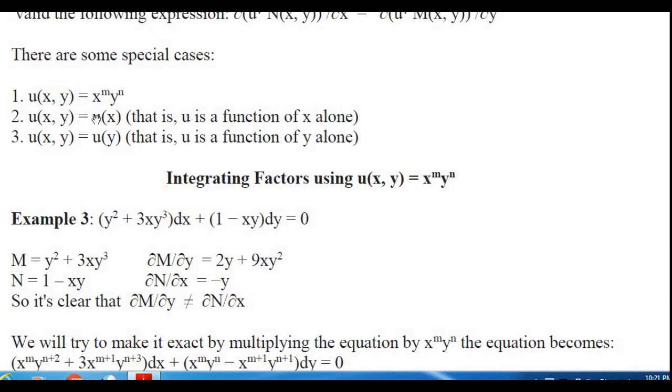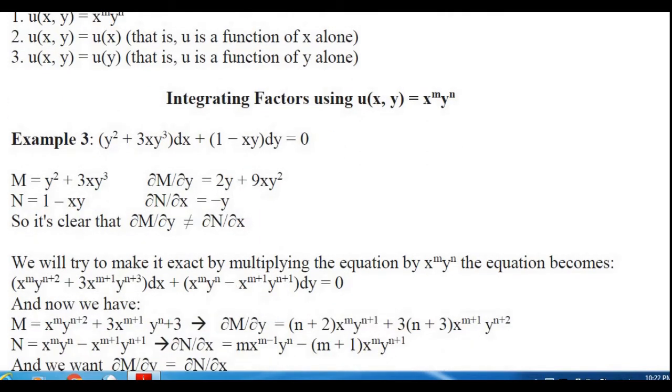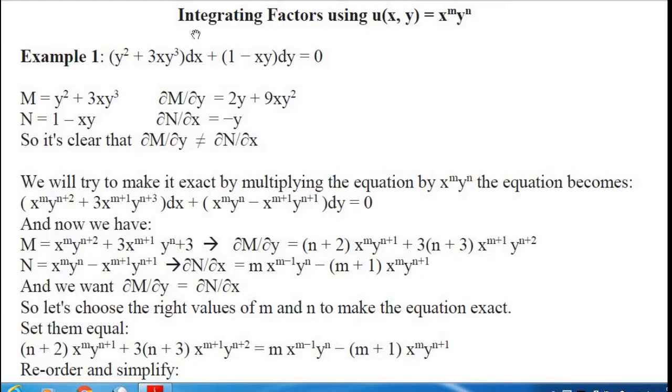So if u(x) is a constant, it may be considered as a function of x alone, or in the second case it may be considered as a function of y alone. So these are the three types of integrating factors. I shall explain the three cases using examples.